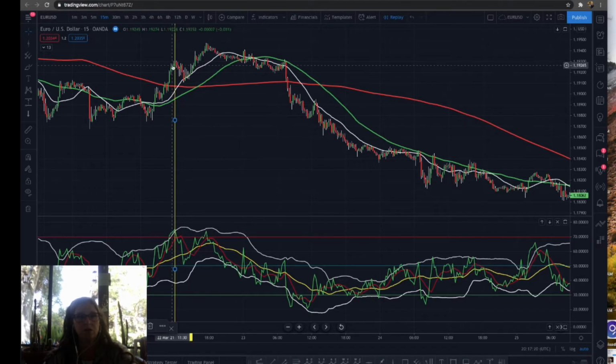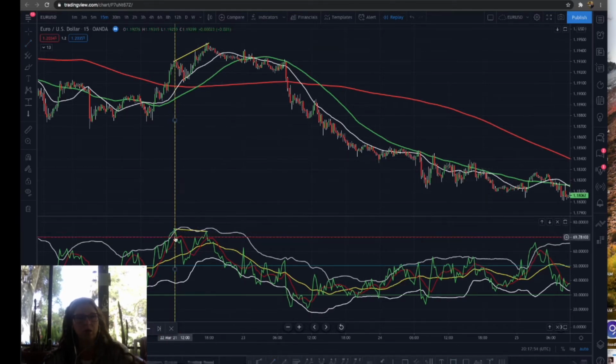So divergence is basically here we have a higher high in price, and here in the RSI we have a higher low in the RSI. So all 3 things are there. We are at 70 or above. We are out of the band making the pattern, and we also have divergence.